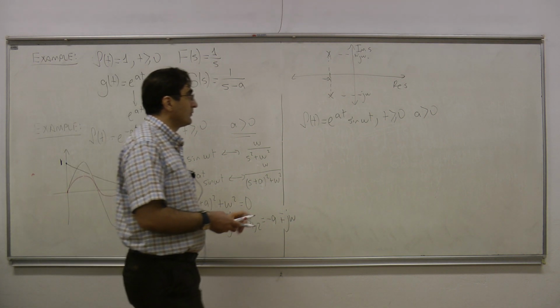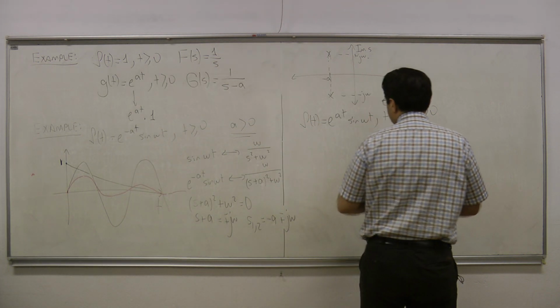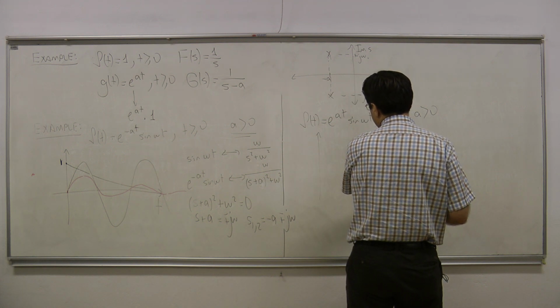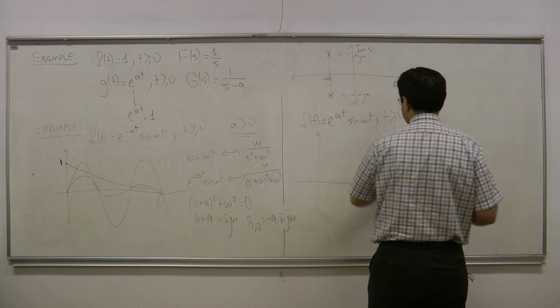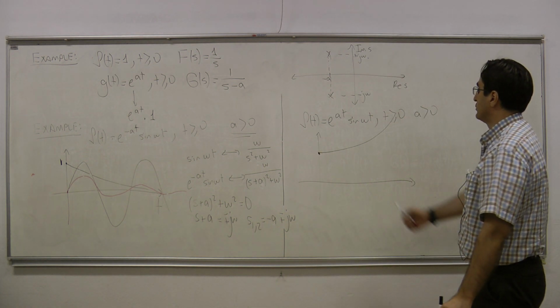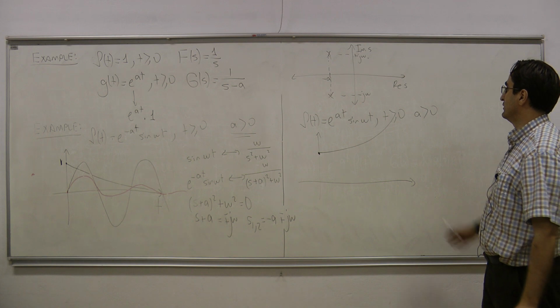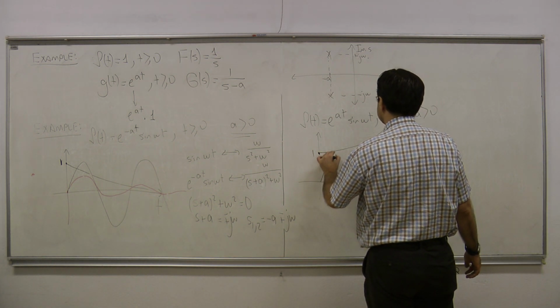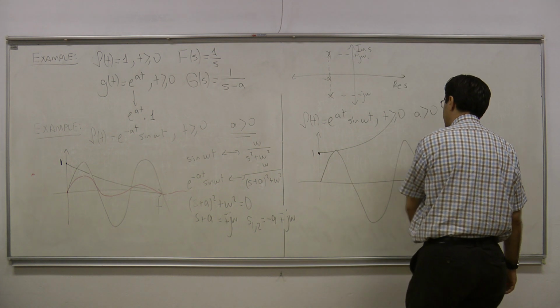All right? So here let us try to draw this function. I will again try to draw a similar figure. So this is my exponential. It is going towards infinity if a is positive. And the sine function is the same. It's changing like this.